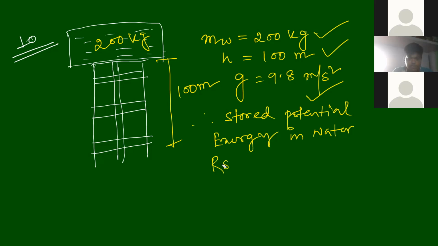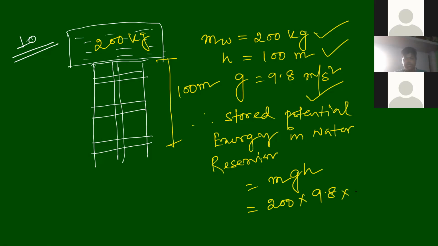I have already told you: the mass multiplied by gravitational acceleration multiplied by height. So the mass is 200 kg, multiplied by gravitational acceleration 9.8, and the height is 100 meters.